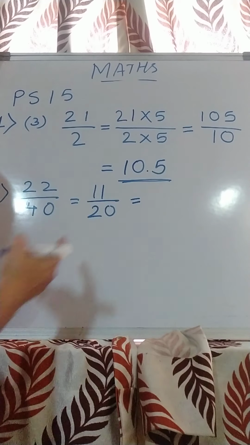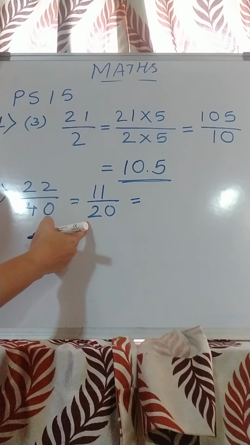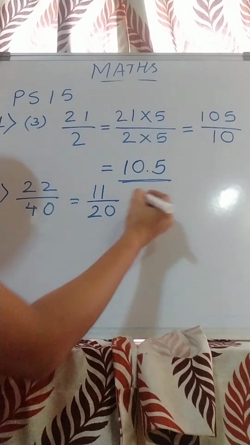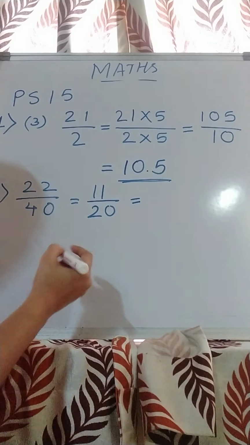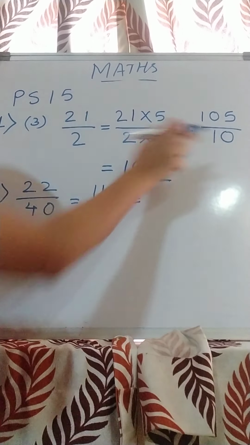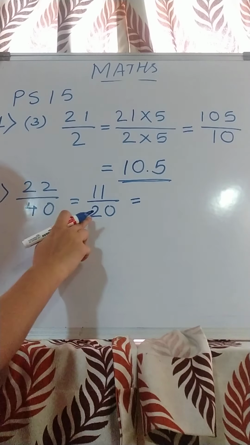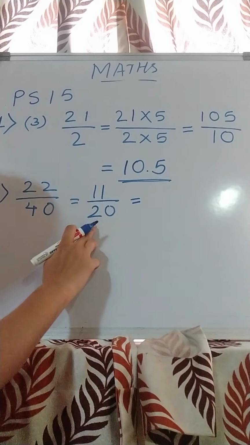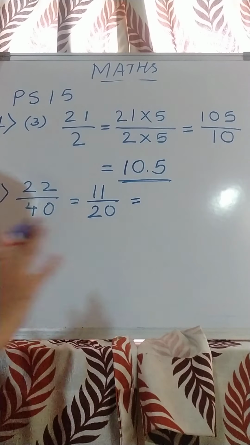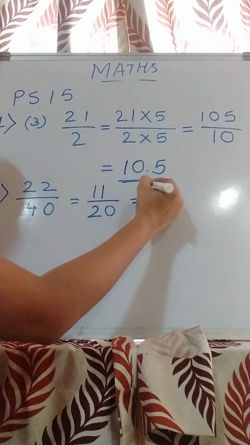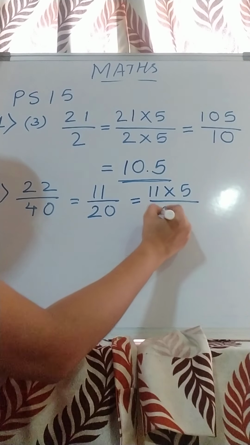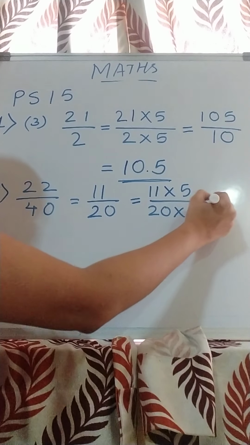Now you can convert this 20 into a multiple of 100. If I multiply 2 with 5 I get 10, then I can also multiply 20 with 5 and get a multiple of 10 from that. So 11 multiplied by 5, 20 multiplied by 5.